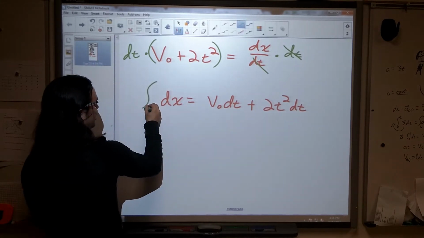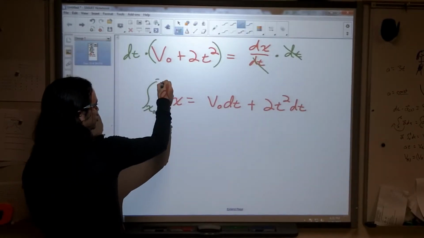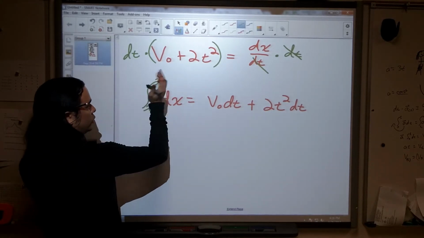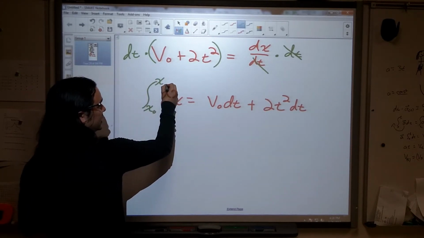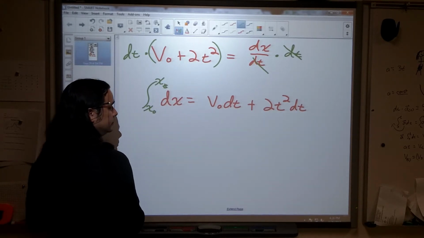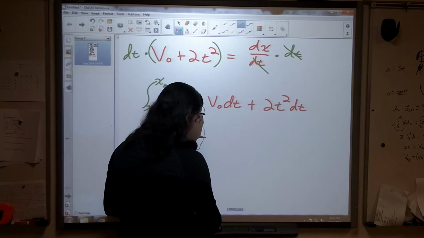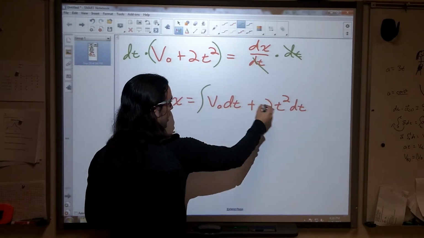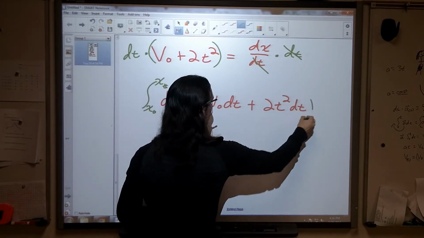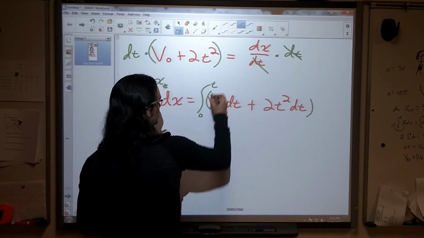Now we're going to integrate. We're going to go from x naught, our initial position, to our final position at some time t. Instead of marking this as final x, I could make it x of t. Then I need to integrate this side from 0 to t.